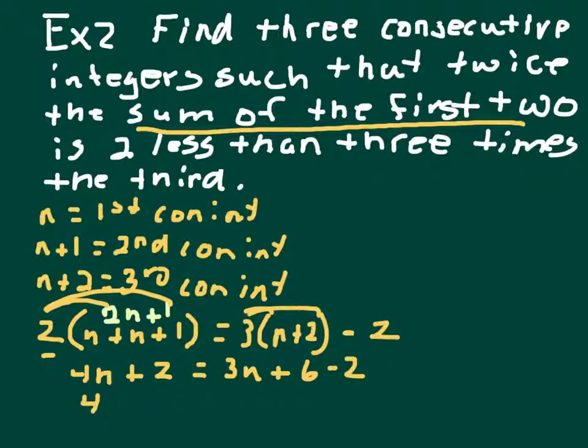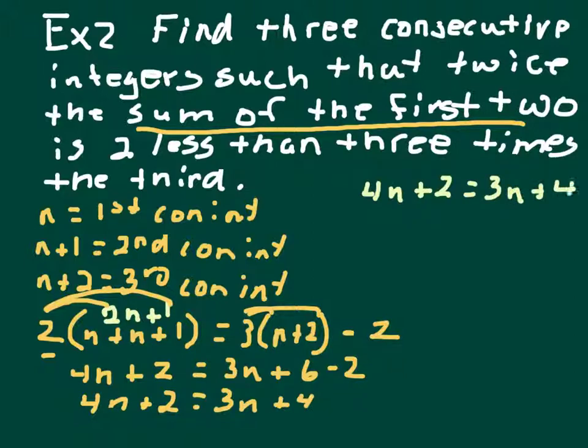Continue simplifying. 4n plus 2 equals 3n, and 6 minus 2 is a positive 4. Right, now I'm going to go up above here and I'm going to put it in different colors so this doesn't mix together. So what I have is 4n plus 2 equals 3n plus 4.